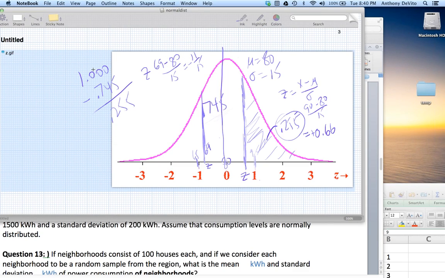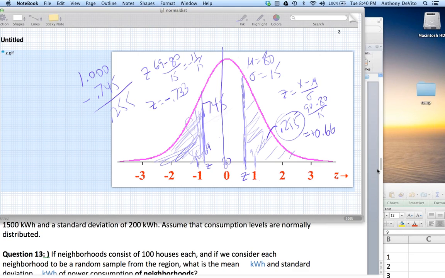The z-score is negative 0.733, and it's negative because it's on the left side of the normal distribution. The question was, what percentage of people have a blood pressure below 69? So it's this area in here.